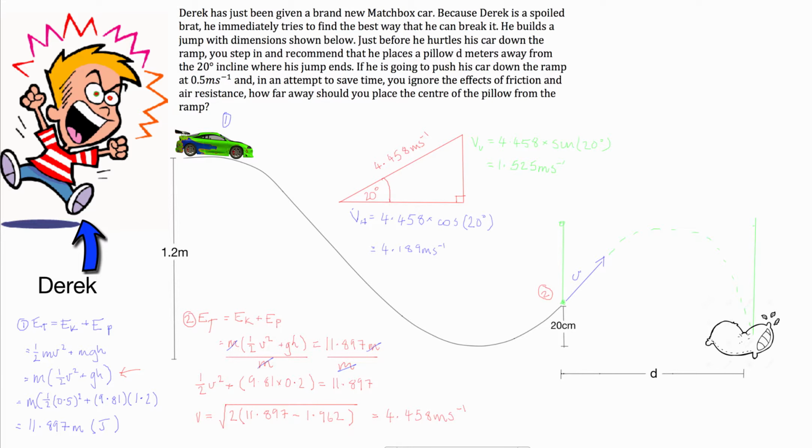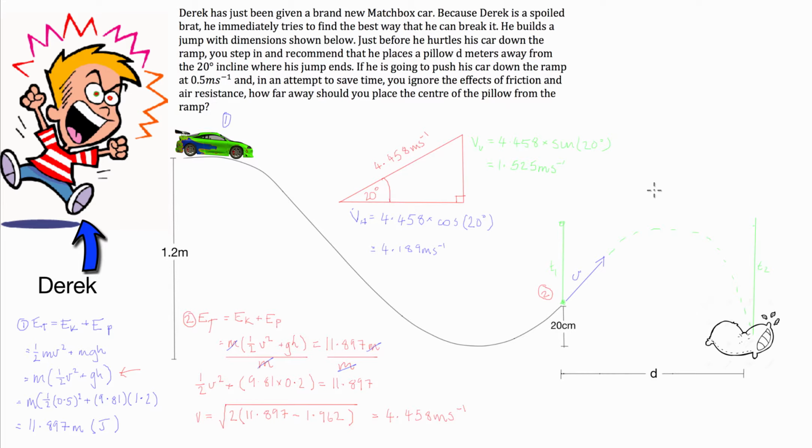We'll call these T1 and T2. Okay, so to work out T1, we'll just change colour because that green is incredibly hard to read. We'll go back to blue.